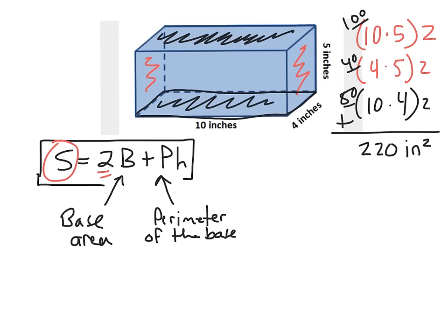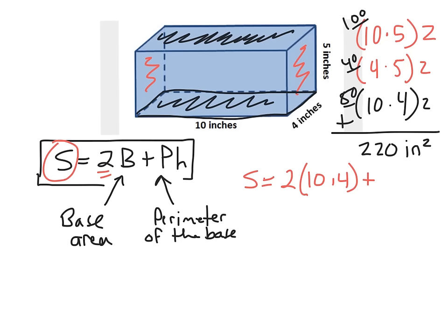So let's just try this. If I try this formula, S equals 2 times the base area, so 2 times 10 times 4 for the base area. The perimeter, I'm going to add the perimeter times the height.